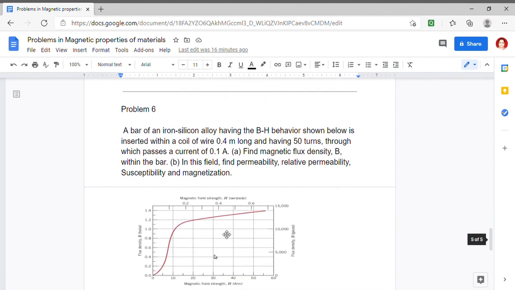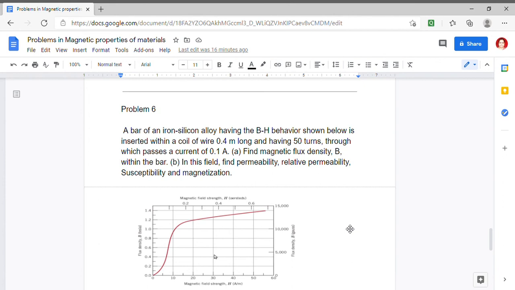Now we'll discuss the problem of a bar of an iron silicon alloy. The BH curve, that means BH behavior, which is shown in this graph, is of a coil of wire 0.4 meter long and it has 50 turns, and the current passed through this coil is 0.1 ampere.